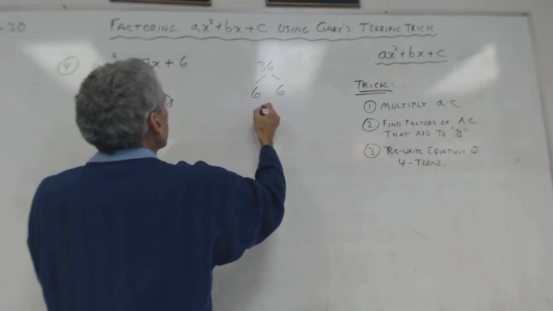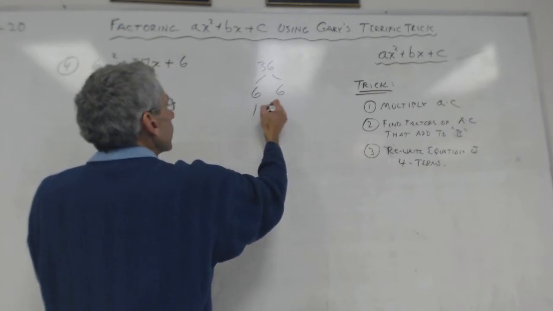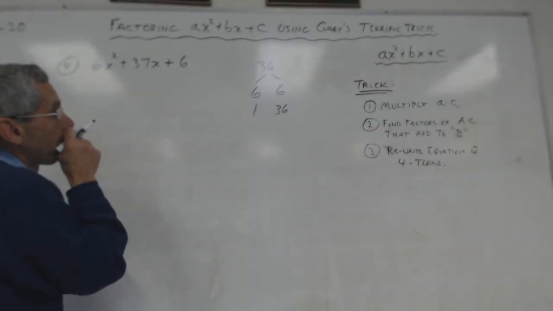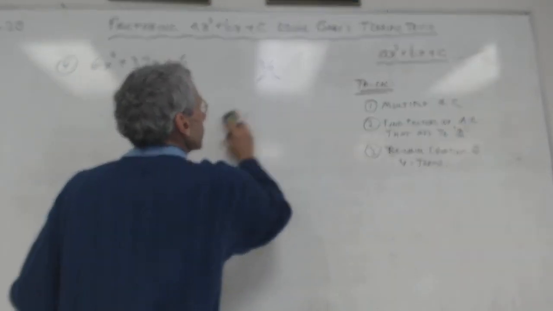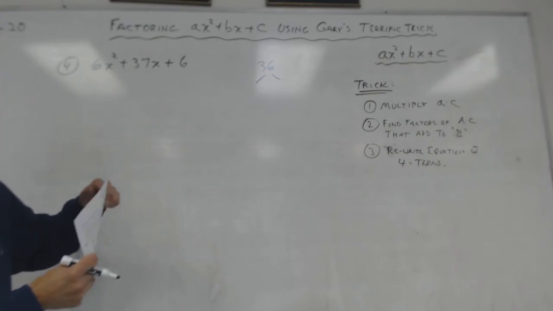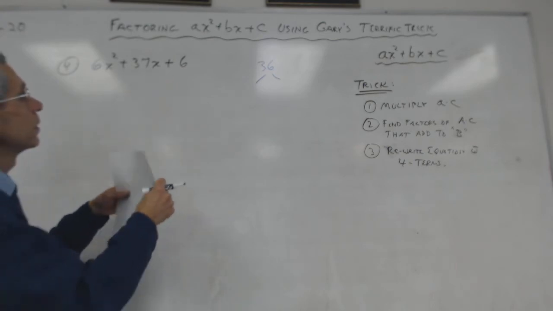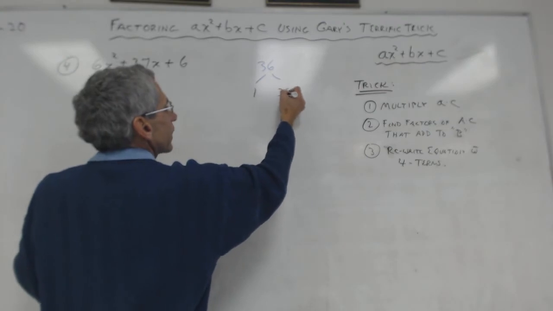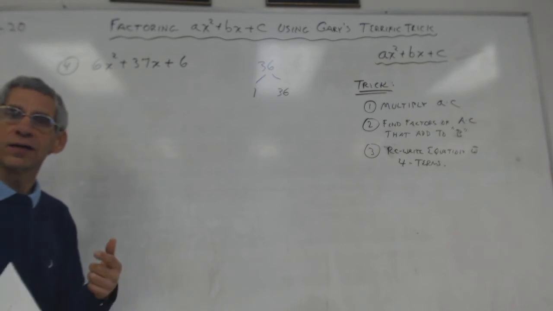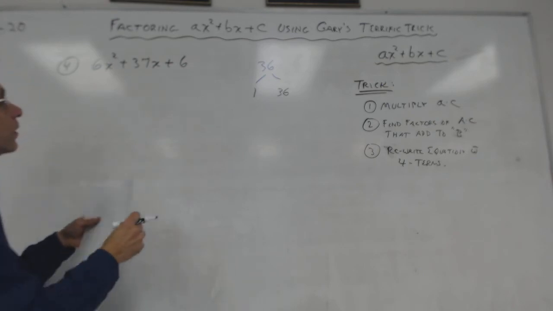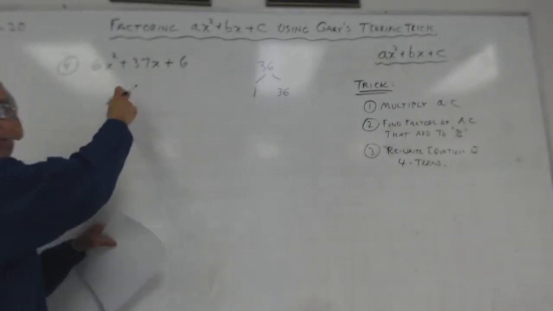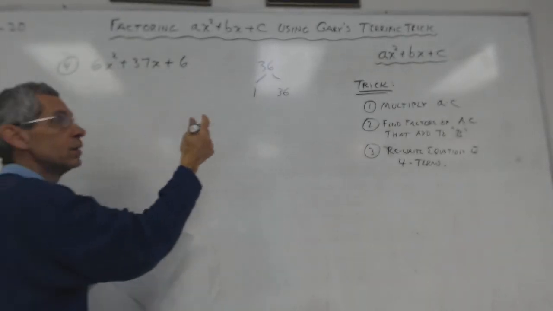So then you do the thing, and it's 36. So immediately I've got 36, and 37. 1 times 36 is 36, and 1 plus 36 is 37, right?